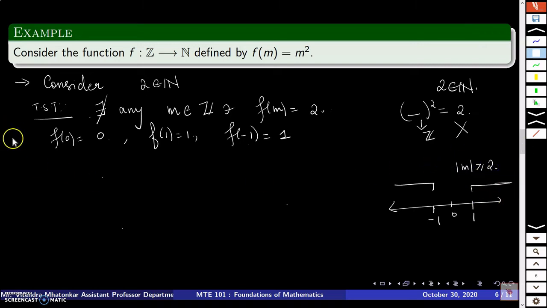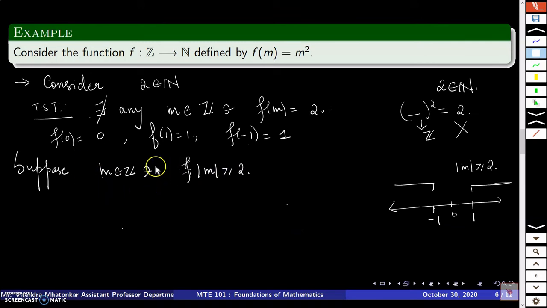right? So supposing m is an integer such that mod m is bigger than or equal to 2. That means I'm looking at the integers 2, 3, 4, 5 and so on, and -2, -3, -4 and so on the left hand side, right?